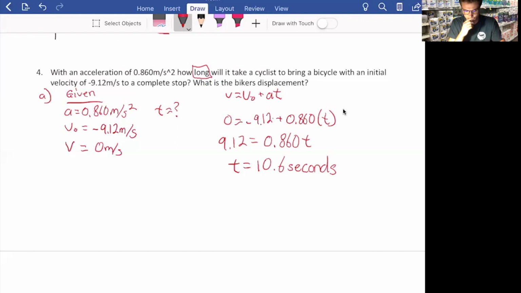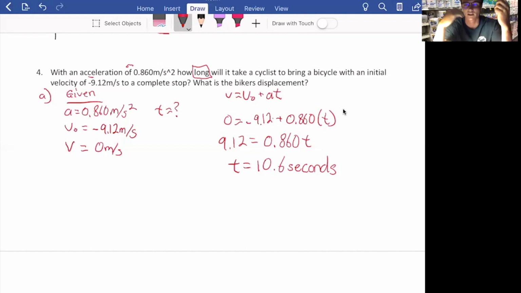And if you remember from the first lecture, our cyclist is slowing down. So what do we remember about the signs of acceleration and velocity? The initial velocity is negative, and the acceleration is positive, so they're opposing signs, negative and positive.